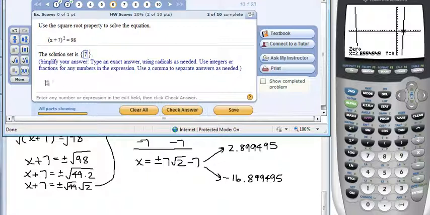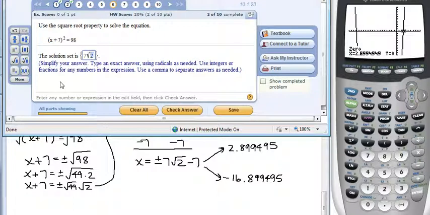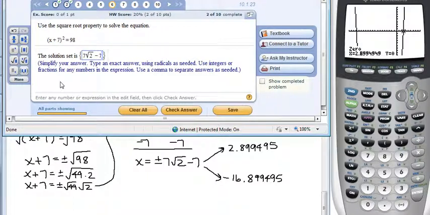Okay, so 7 roots of 2 minus 7, comma, negative 7 roots of 2 minus 7. So you want to separate them out with your plus and minus. If you were in a classroom with me taking a test on paper, I would take the plus minus. This is a perfectly acceptable answer, but my MyMathLab can't do that.